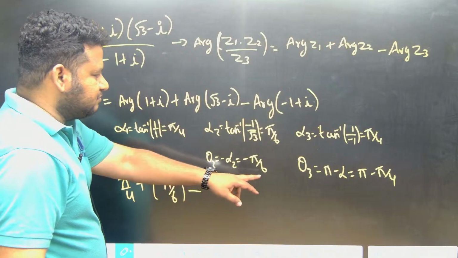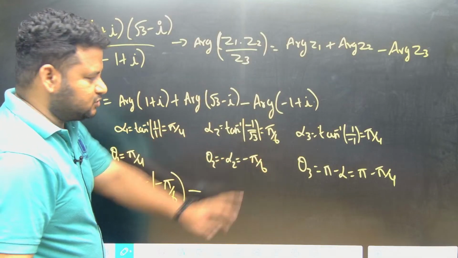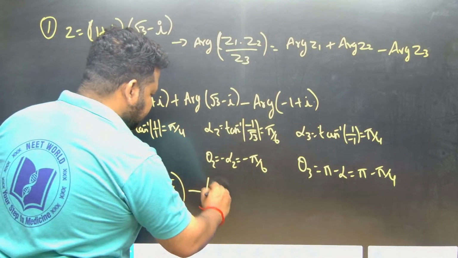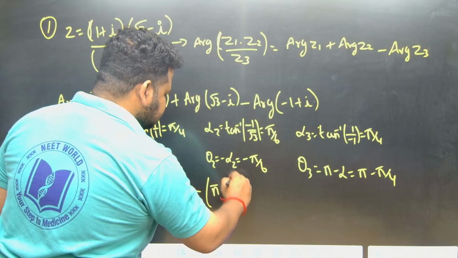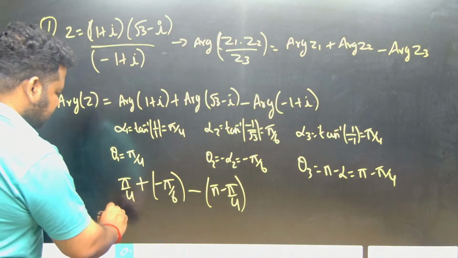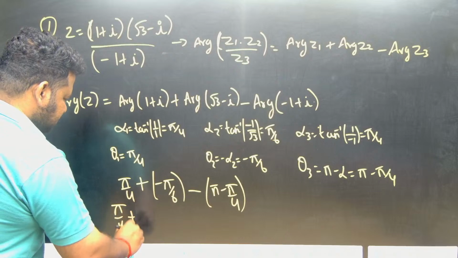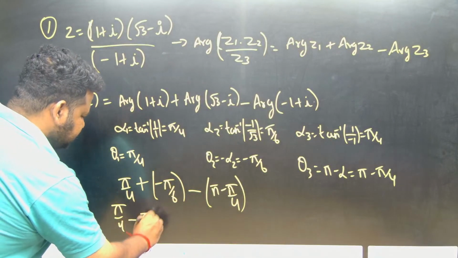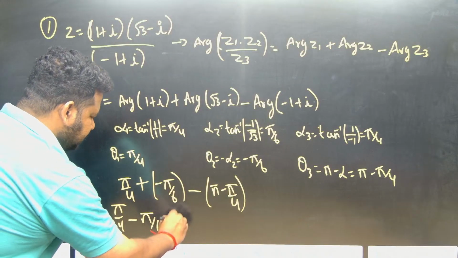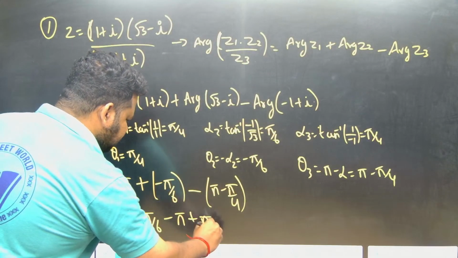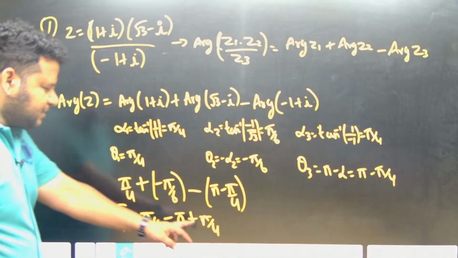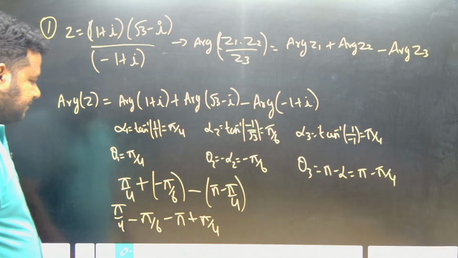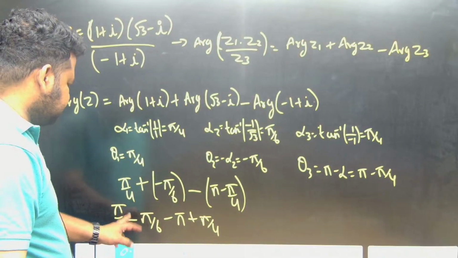Minus argument of z3, theta 3, that is pi minus pi by 4. Now we write pi by 4 plus, here plus into minus will become minus, minus pi by 6, minus into minus, so minus pi plus pi by 4. See, pi by 4 plus pi by 4, 45 plus 45 is 90. Minus pi. This is minus pi by 6.